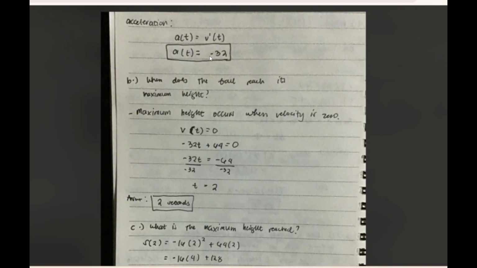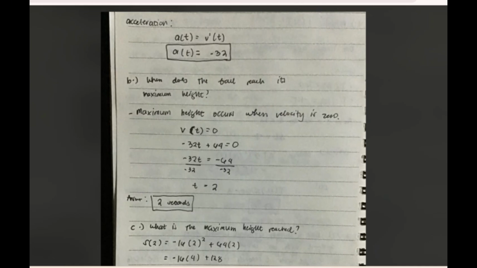Given negative 32t plus 64, as you can see, 64 is gone since the derivative of a constant is 0. And then we will just multiply the power of t, which is 1, to negative 32, which is just negative 32, and the power of t, which is 1, subtracted by 1, is 0. So therefore, we have negative 32 as our acceleration answer.